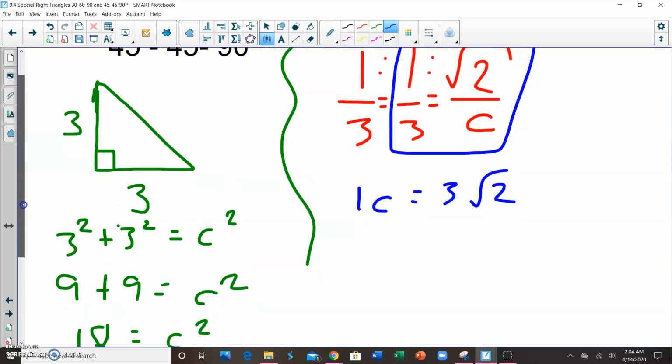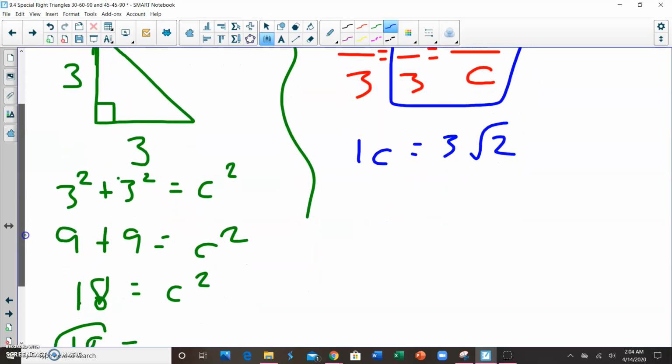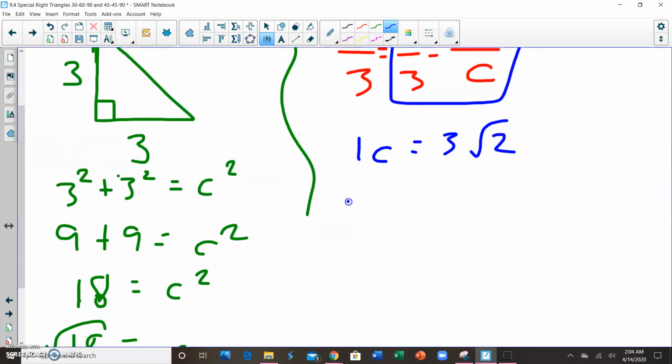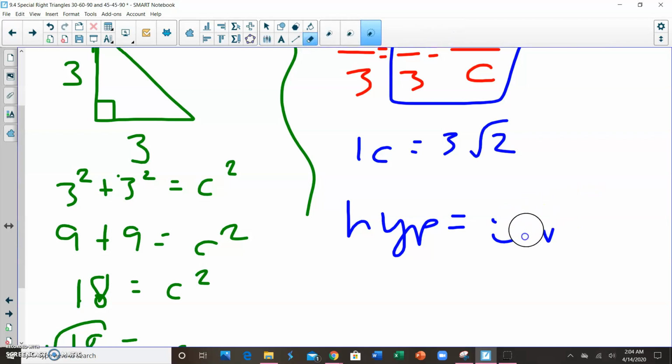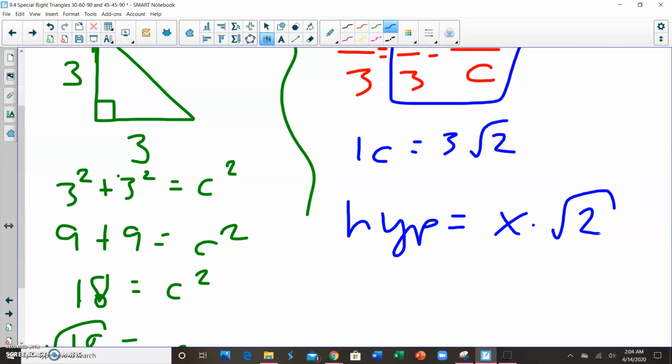In fact, if you want to memorize this, whatever the leg side is, I'm going to just use x, the hypotenuse will always be x times the square root of 2.